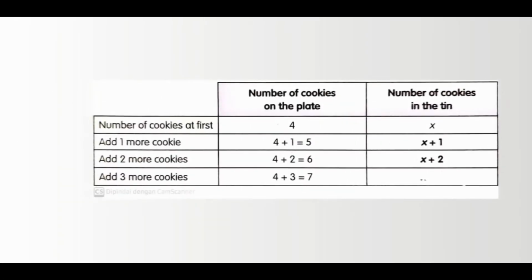If you add 2 more cookies, the plate has 6 and the tin has x plus 2. The last one, if you add 3 more cookies, the plate has 7 and the tin has x plus 3.